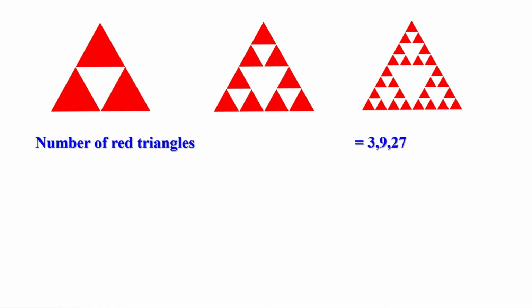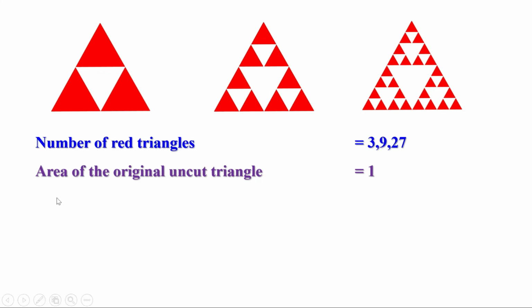Now the second question is, taking the area of the original uncut triangle as 1, compute the area of each triangle in the figure. We have taken the area of the original uncut triangle as 1.